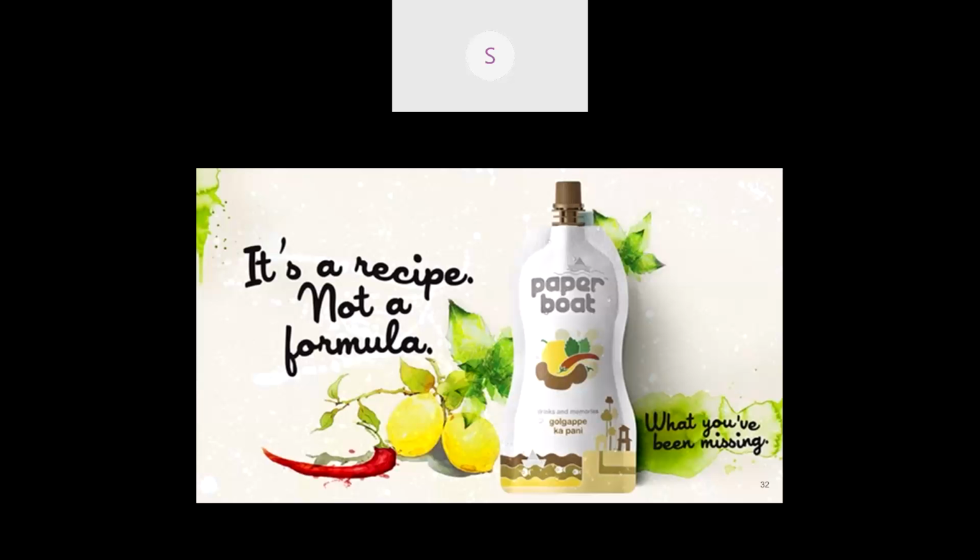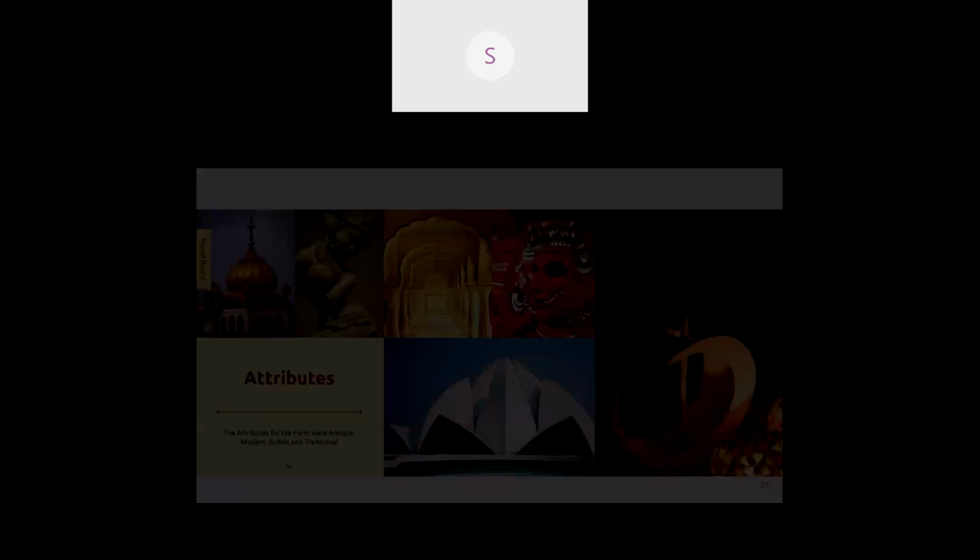Today, if you board a plane, they ask you which Paperboat drink you want. They don't ask whether you want cola or Thums Up. So Paperboat has achieved that through their branding, through their packaging. First, they start with the flavors. They don't call it natural like Tropicana does. They call it Golgappe ka pani, right? And the tagline is Paperboat brings back memories.